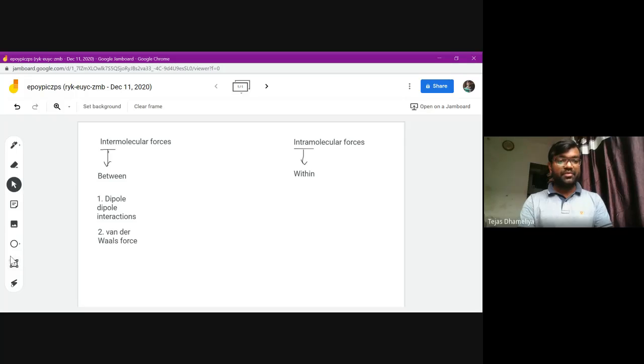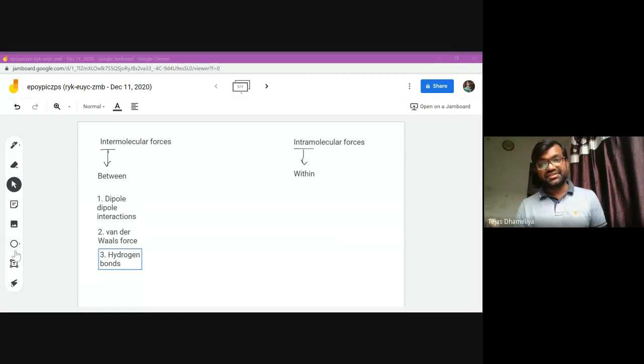Another type of bond is, let us say, the hydrogen bond, which is also a kind of interaction that can exist between the molecules. It is also possible within the molecule. I will show some of the structures where such hydrogen bond interaction is possible in the molecule, between the molecules. So that is a kind of common force. Then there can also be some other kinds of force.